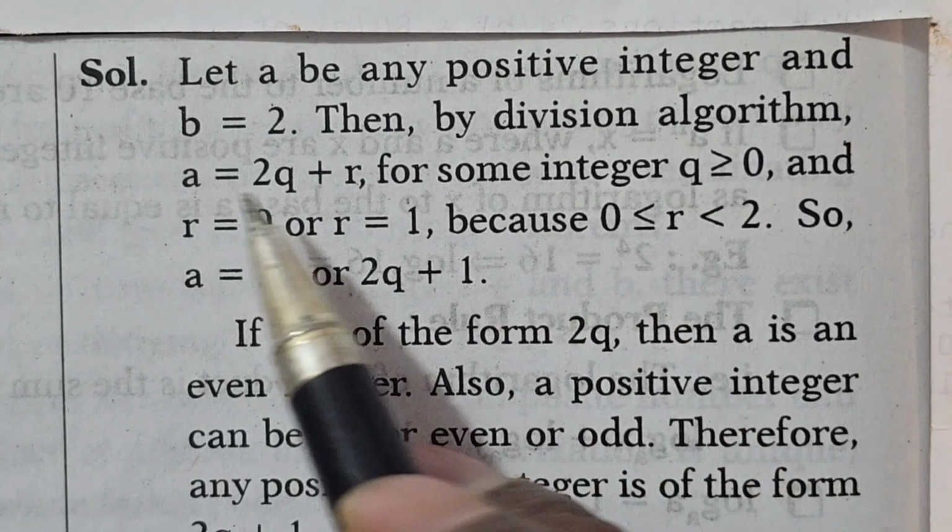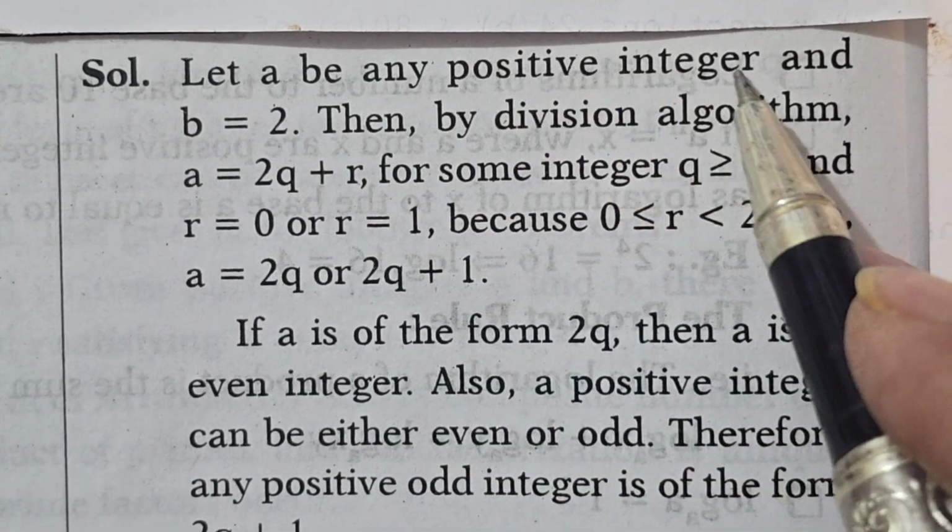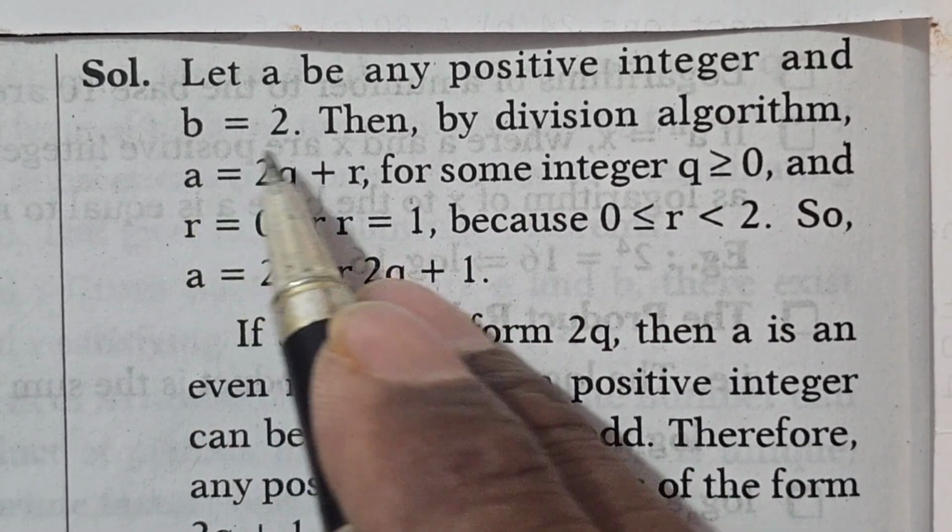Let a be any positive integer and b equal to 2.